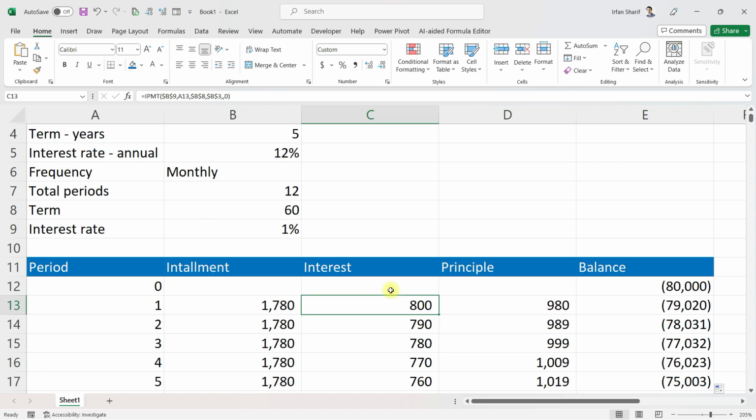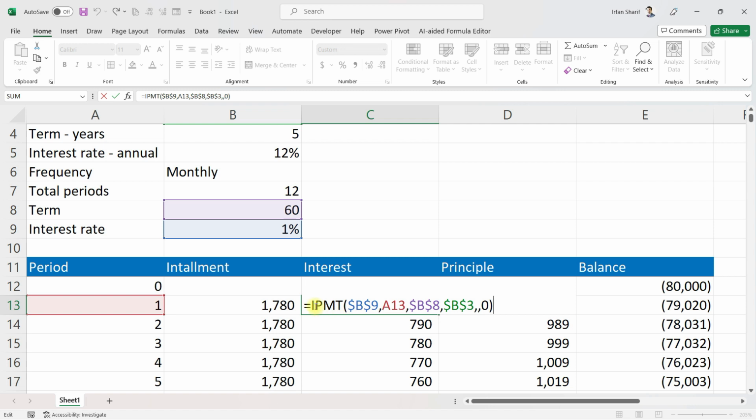Now to avoid the errors, all we need to do is to wrap this formula here in an IFERROR statement. So I will press F2 to open my formula, come here and start typing IFERROR. Once you see this blue IFERROR button here, simply press the tab key and you can see what is happening: IFERROR, bracket, value, please give me this value, but if error, then give me this value.